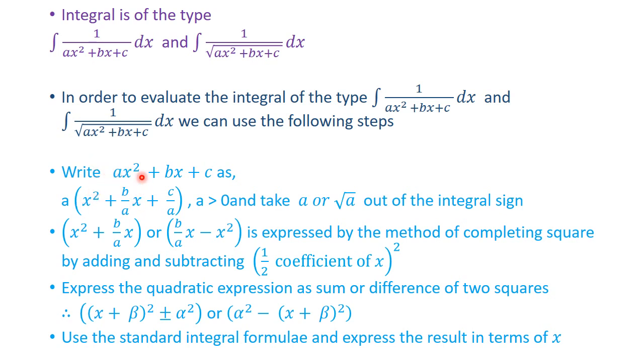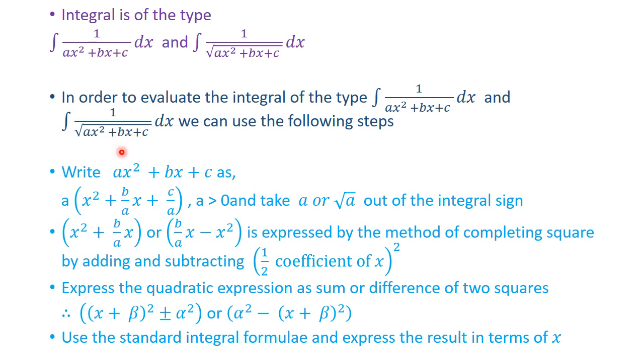So for that purpose, first of all, we have to take this a, which is a multiple of x square, outside. Remove it from here. That is, in another way we can say that this x square should have a multiple of only unity, so it is free from any type of scalar. It is only x square that should be there.